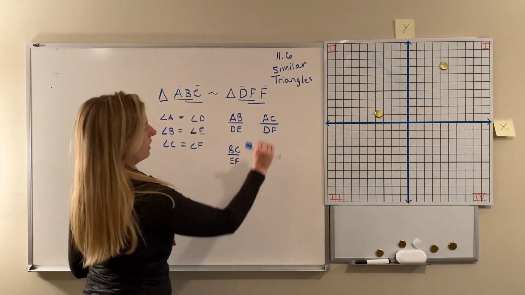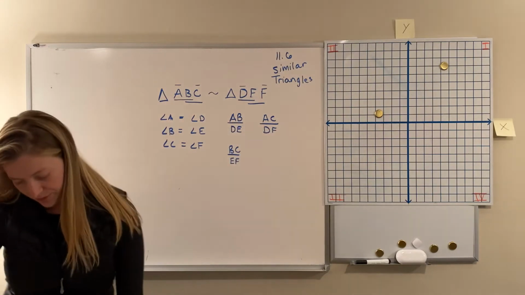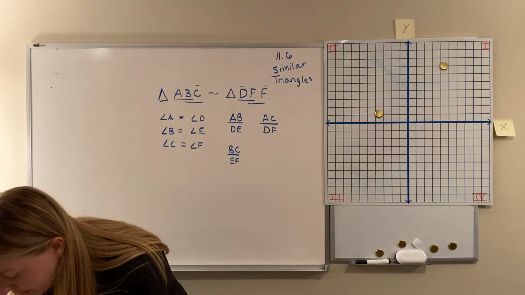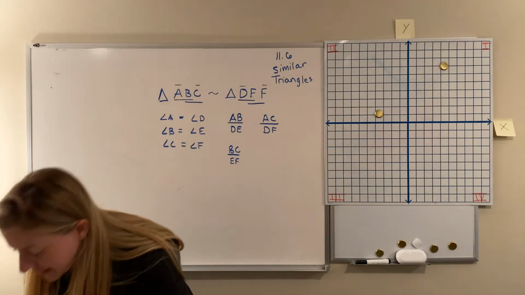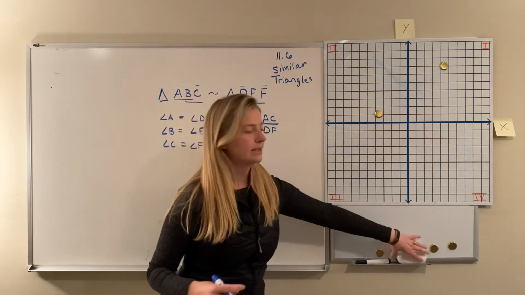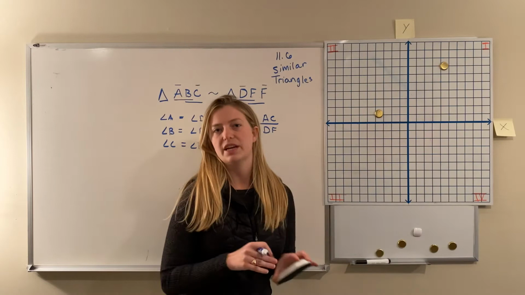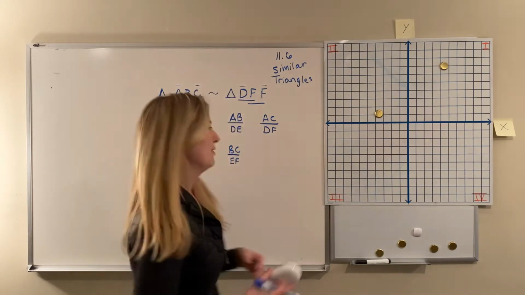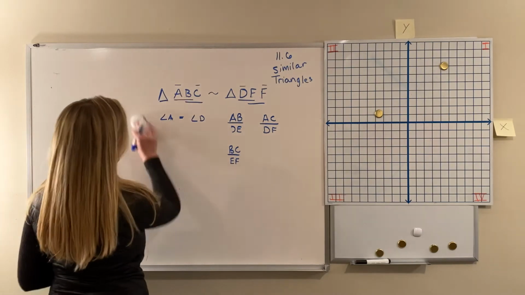If the ratio of your sides match, you're good. So let's look at example 1. Determine whether the pair of triangles is similar, then justify your answer. Justifying your answer just means show your work, explain what you did, other than just saying, yes, they're similar. How do you know? So give me 1 second to draw them up on the board.